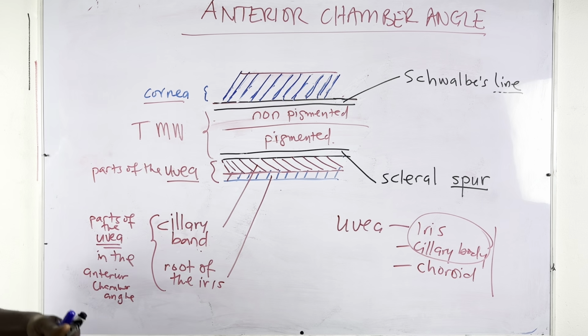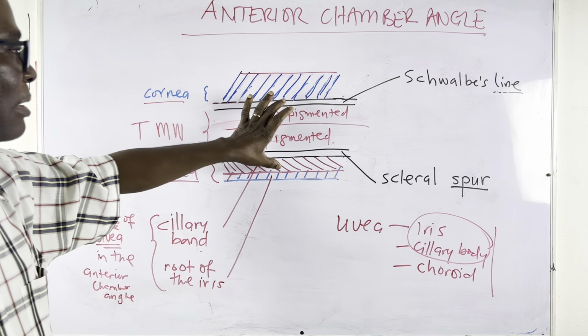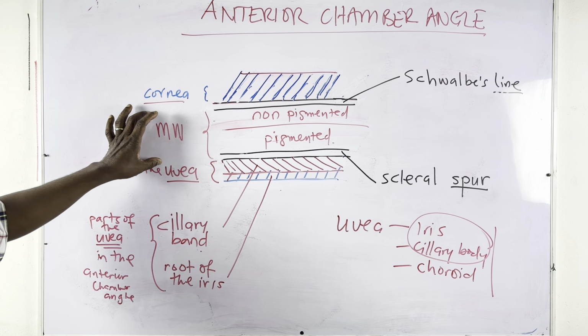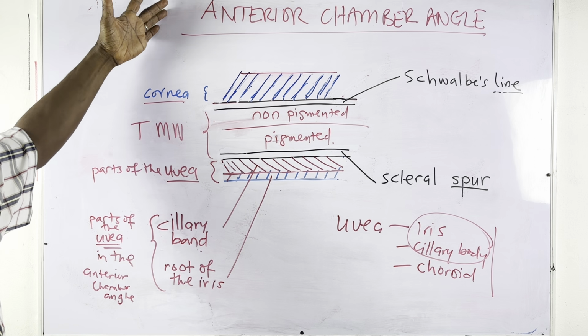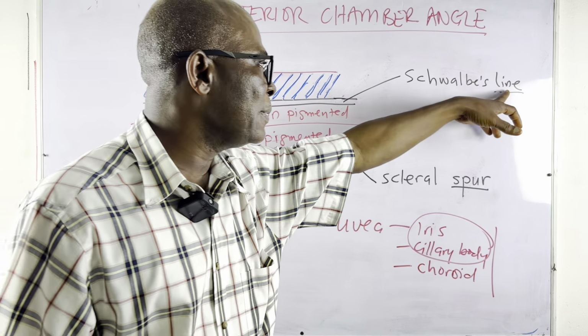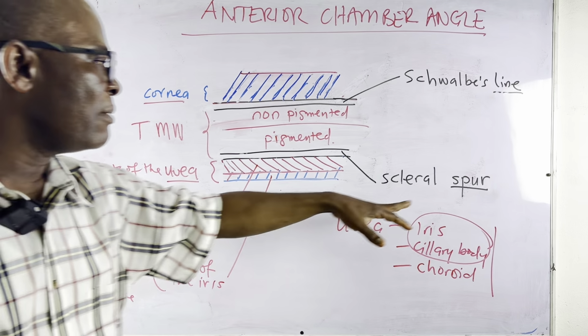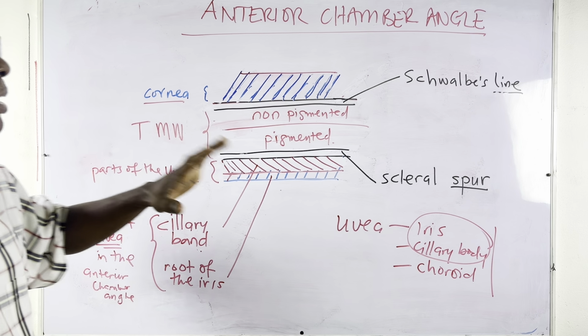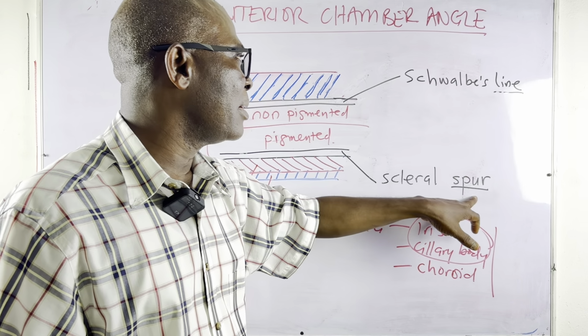So always think about the first three in the middle: the trabecular meshwork, and on the cornea side we have Schwalbe's line, and on the scleral side we have the spur. The trabecular meshwork is sandwiched between a line and a spur.